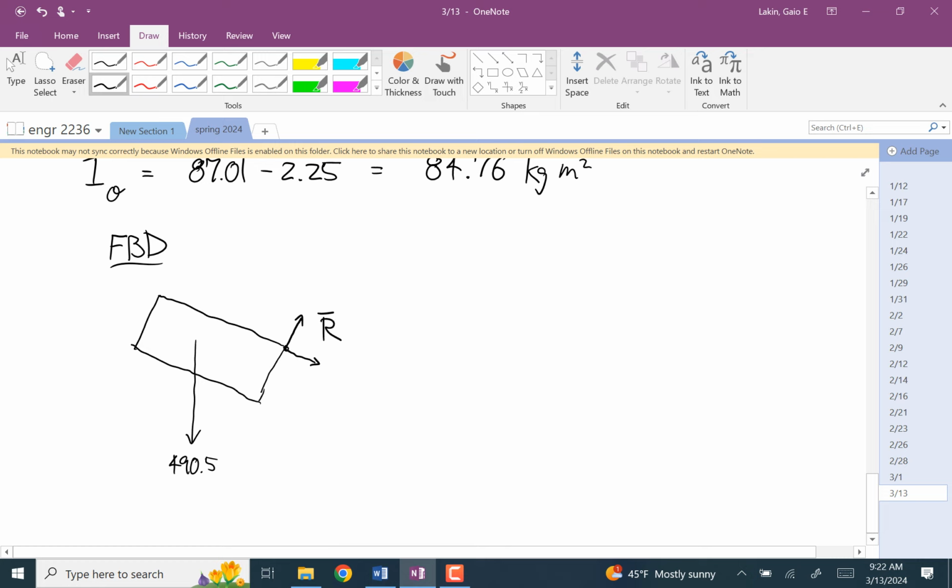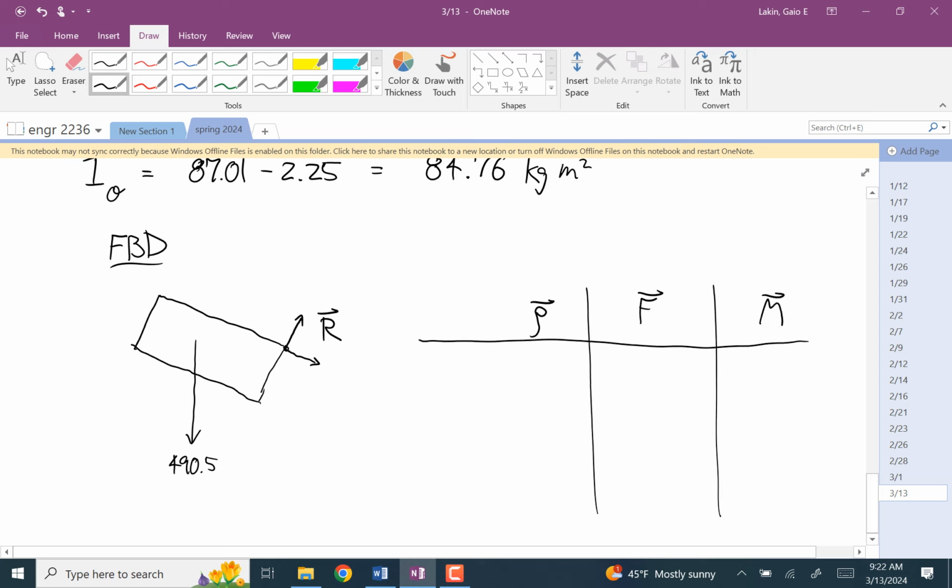So I'll just write that as R. And now I can write out this table. The easy one is R. Since that is at the about point, the row vector is 0. Force vector is Rx, Ry. Moment is 0.